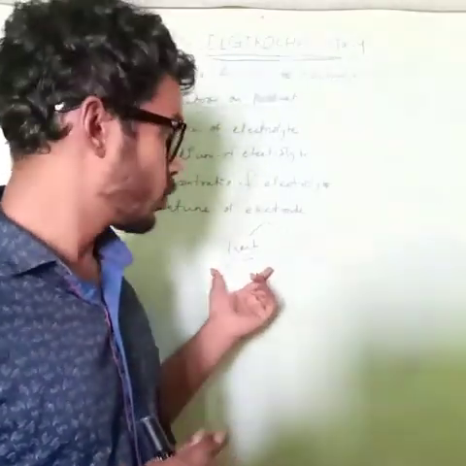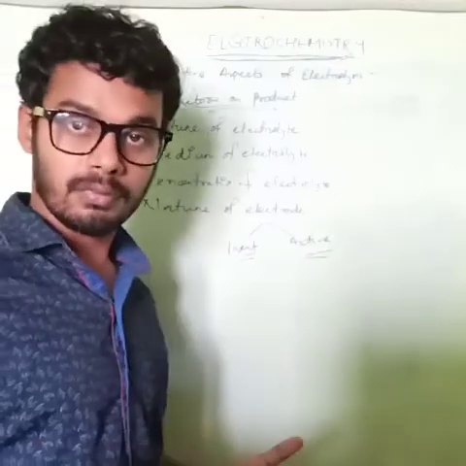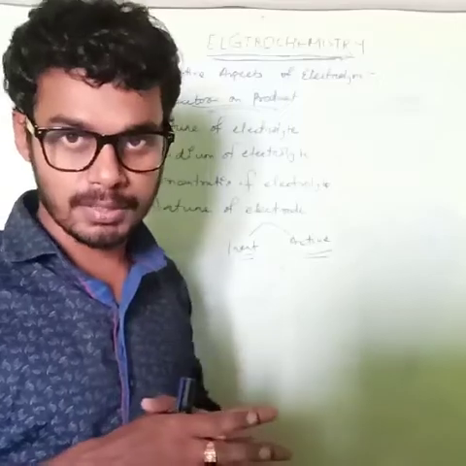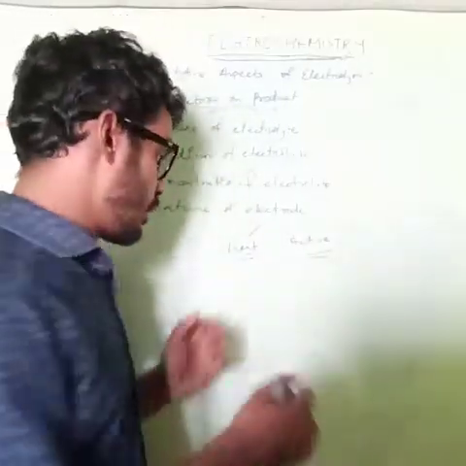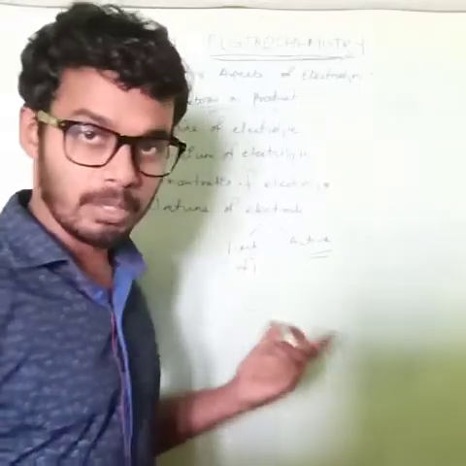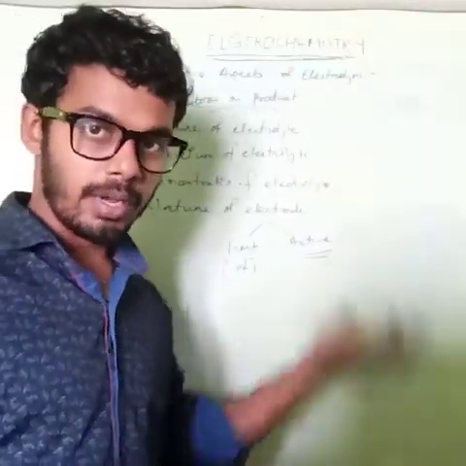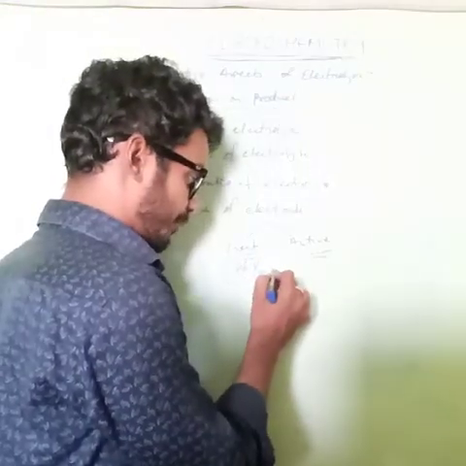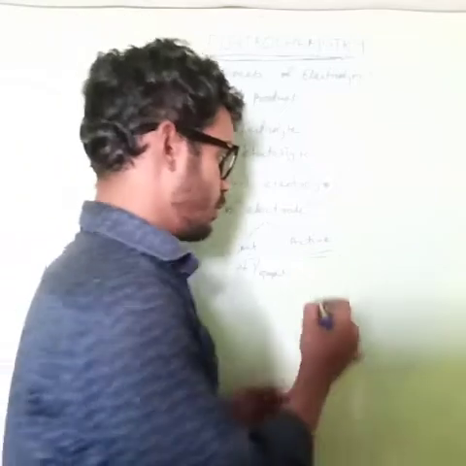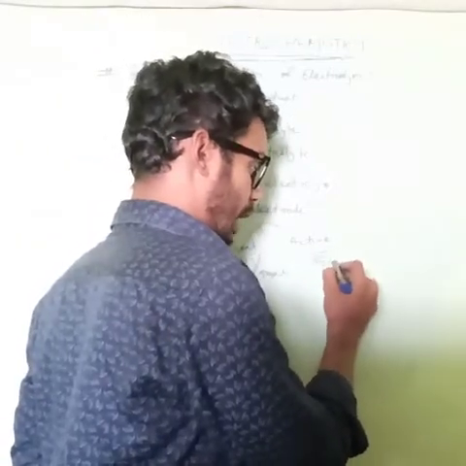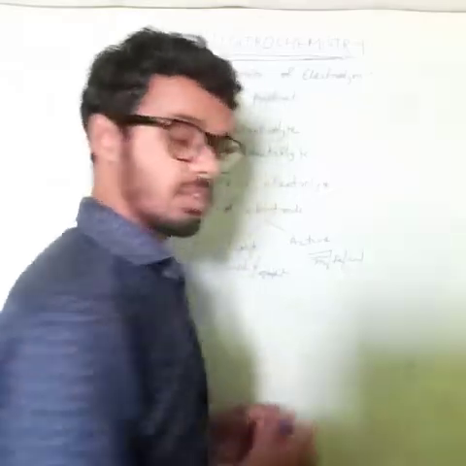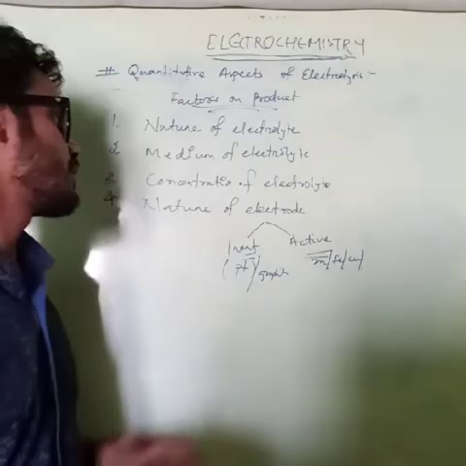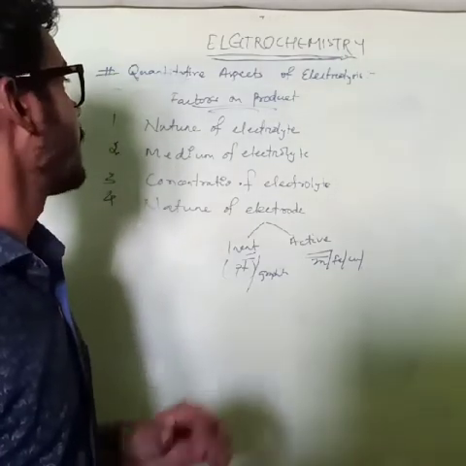That's why they are inert. Active electrodes participate in the reaction. For example, platinum and graphite are inert electrodes, which you can keep at the anode or cathode. But among active electrodes, you must know zinc, iron, copper. These participate in the electrolysis. So basically these are the factors it depends on.